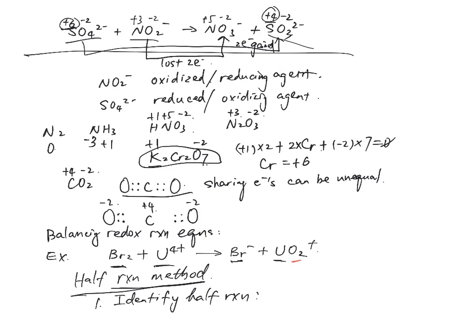My bromine is turned into bromide, and my U4 plus is turning into UO2 plus ion. I don't know who's gaining electrons, who's losing electrons. I'm going to figure it out later on, but the first step of identifying half reactions is simply who is turning into what.